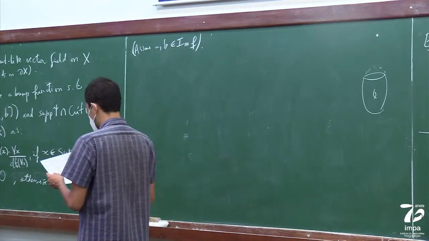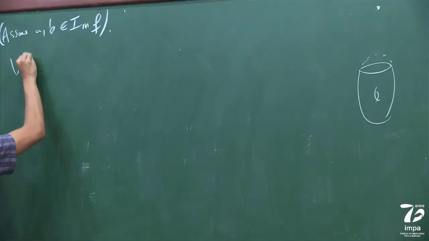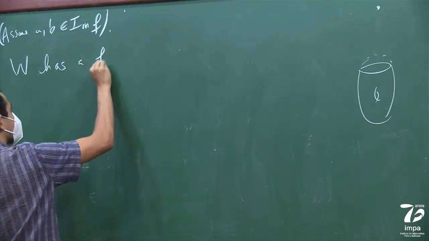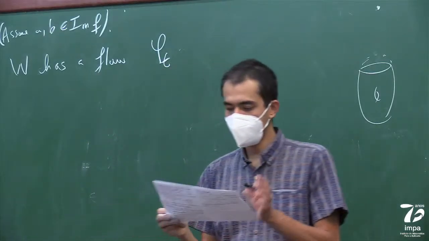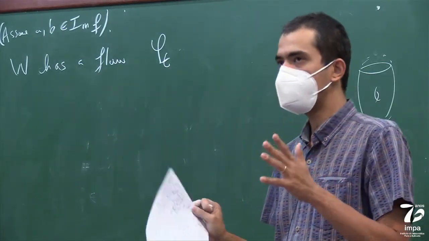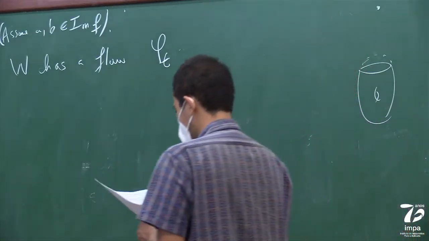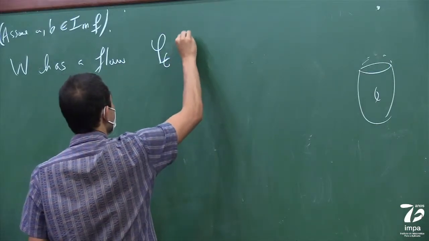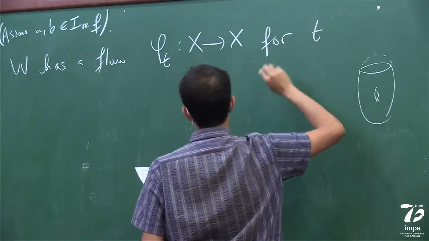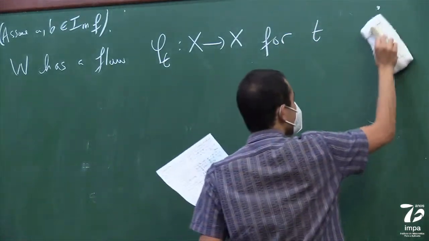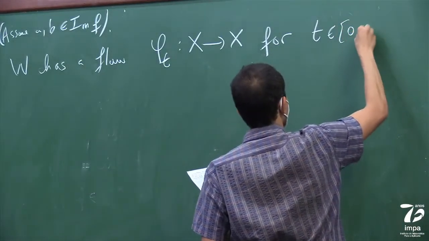Okay. So now, this W has a flow that I'm going to call phi t. And it's kind of a funny flow because it could potentially leave the manifold. So you have to be a little careful. But I claim that this flow exists for t between 0 and b minus a.